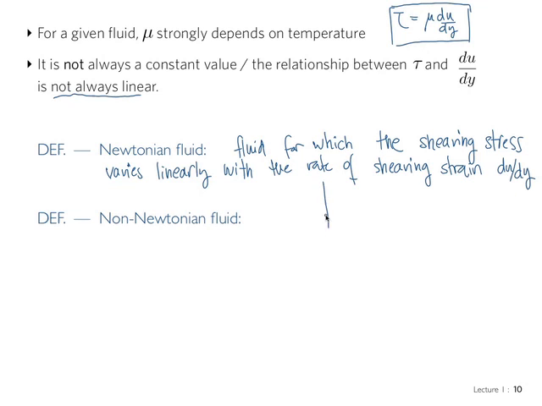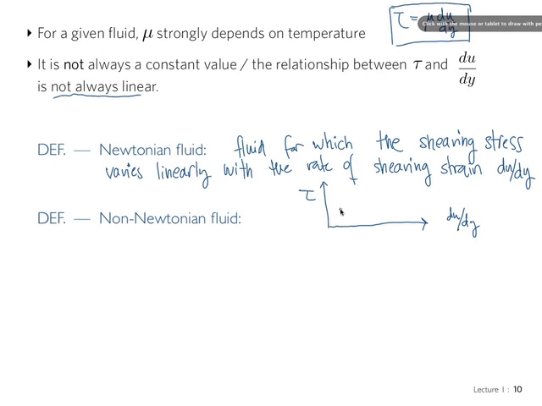So if we were to draw a plot of tau as a function of du dy, we would have for different fluids perhaps different slopes, but the plot will always be a linear relationship.